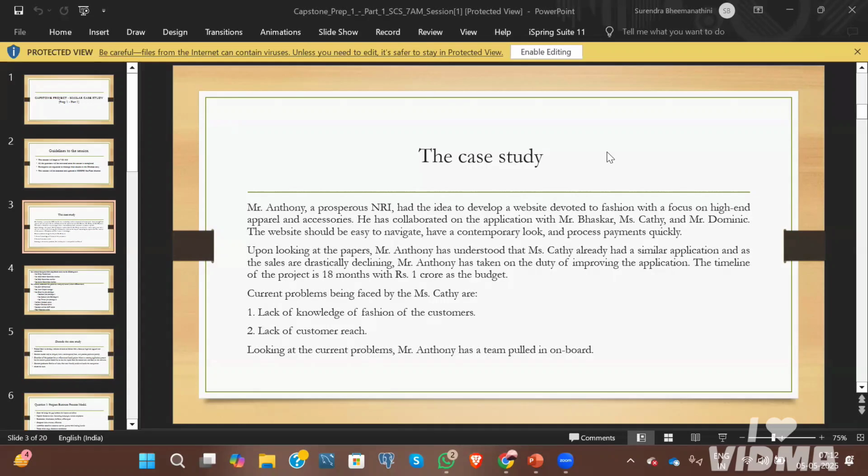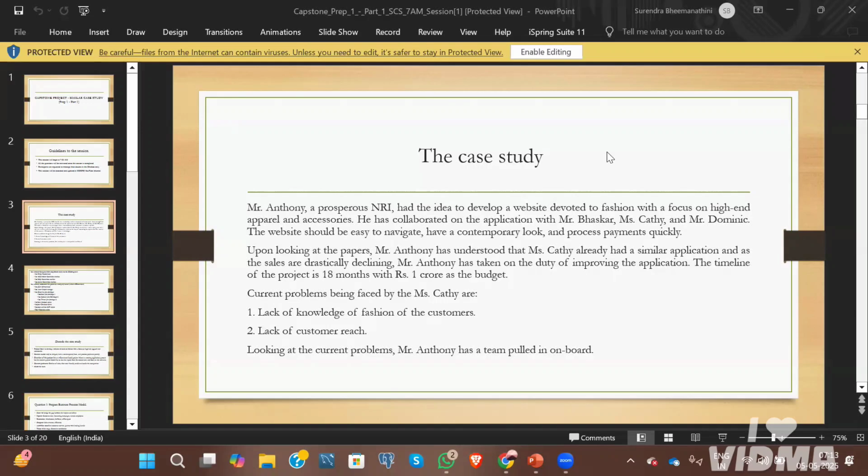The website should be easy to navigate, have a contemporary look, and process payments quickly. These are his needs for the website that he wants to develop.